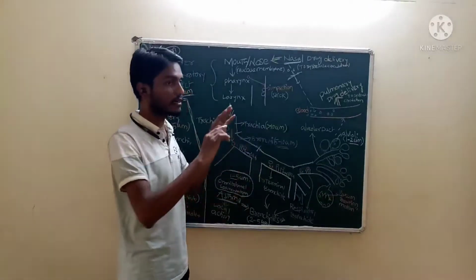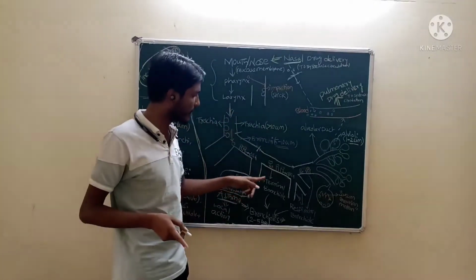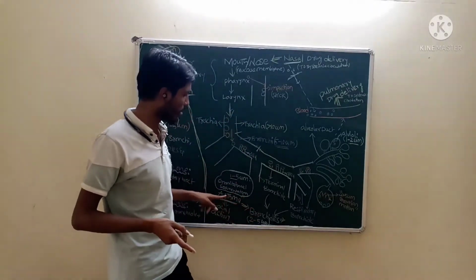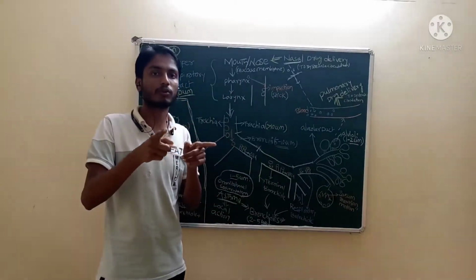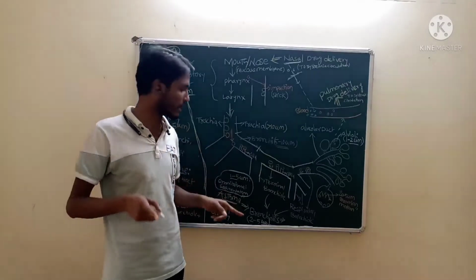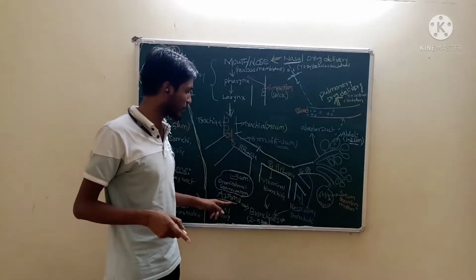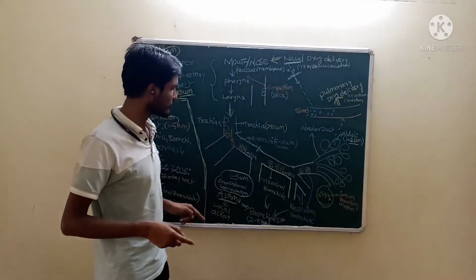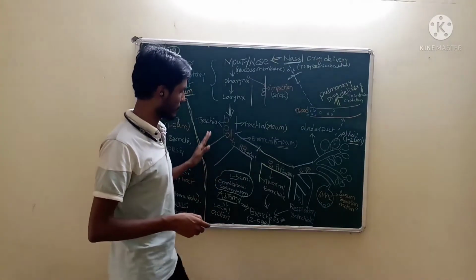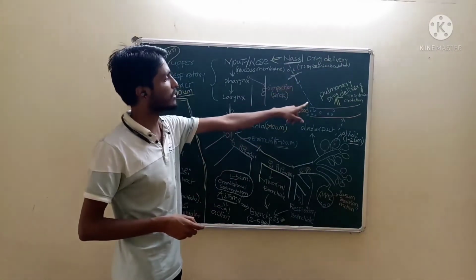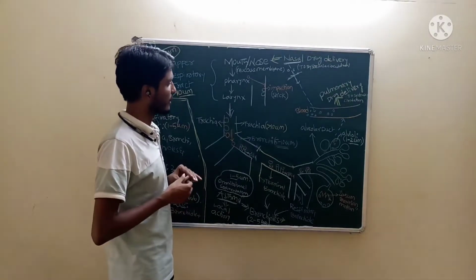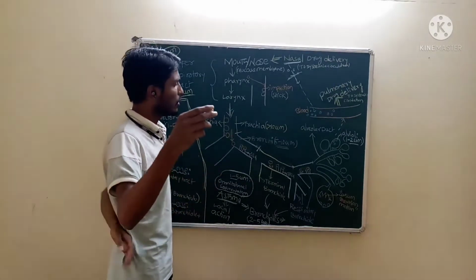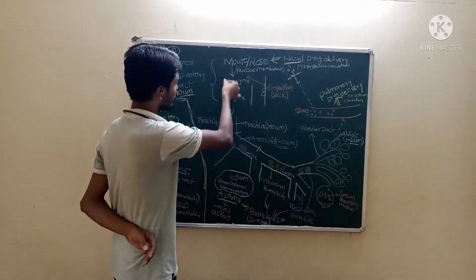But finally I will tell one thing. All this region, from here up to the respiratory region, has cilia, like hair-like projections, and mucus also. From this region to this region they have cilia, and another one is mucus.